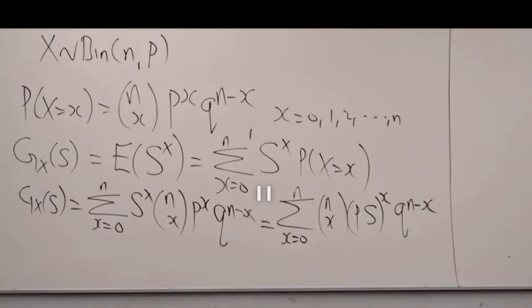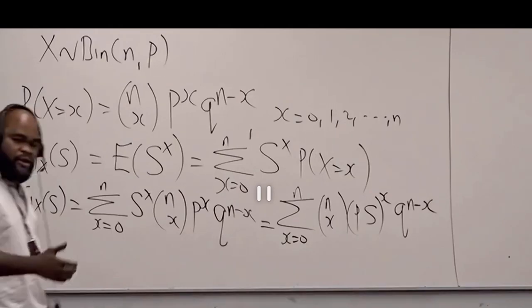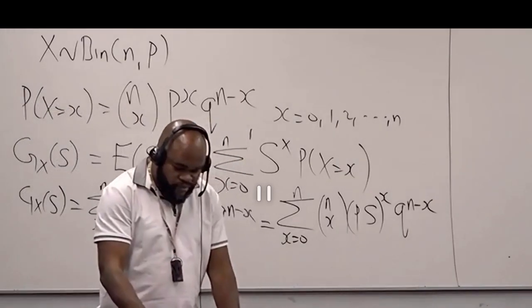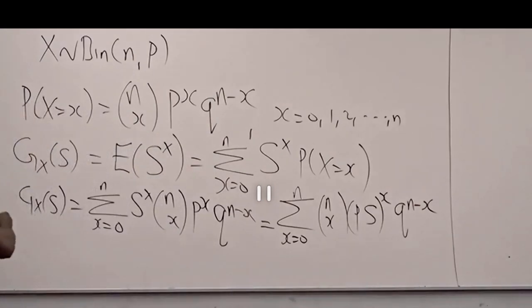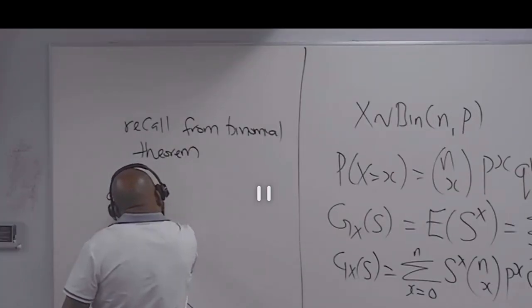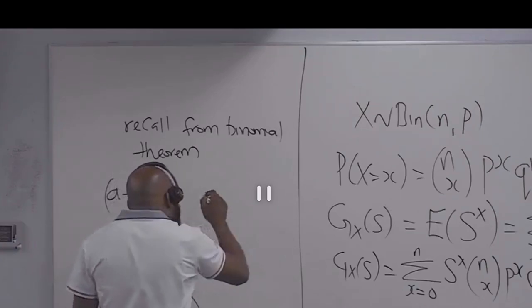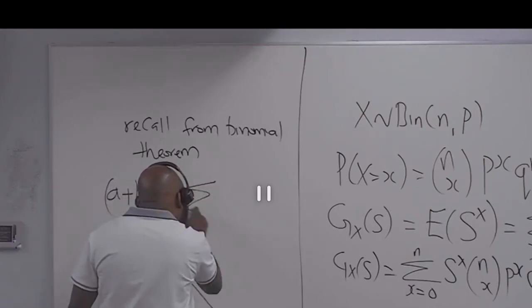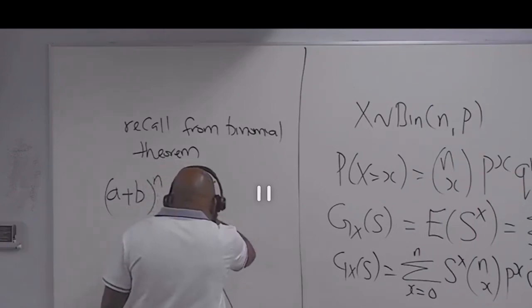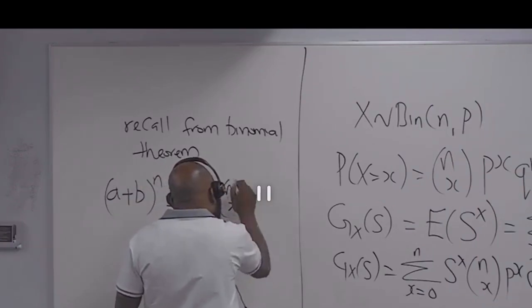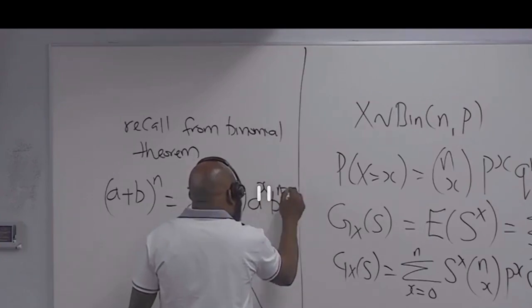Now, if I have this, I have to recall from the binomial theorem. If I have (a + b) raised to power n, in the binomial theorem it is the summation s starting from 0 to n of n combination s, a raised to power s, b raised to power n minus s.